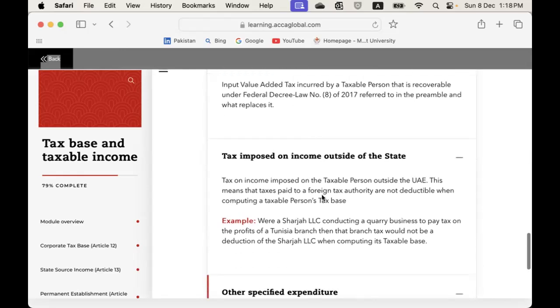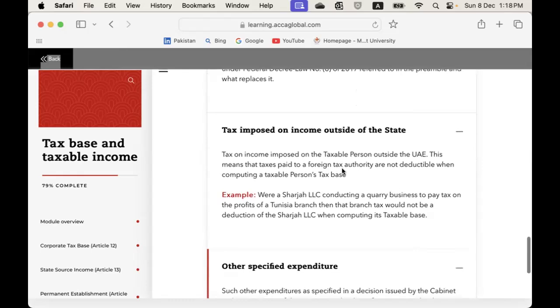This point that we are looking at in model tax convention, a third method has been identified, but the commentary says that this is a rarely used method, which is deduction. So the tax that you paid in a foreign jurisdiction, I don't know which country would put this provision, but it could be a possibility.